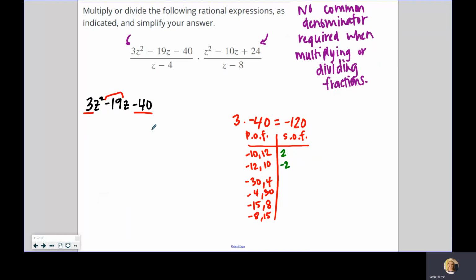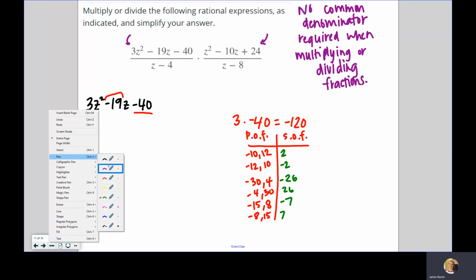So not even close to our middle term there. Negative 30 and 4, negative 30 plus 4 would be negative 26. So we're getting closer. That would be positive 26. Negative 15 and 8 would be negative 7, so definitely not close to negative 19. This would be positive 7. Okay, so we're still looking.